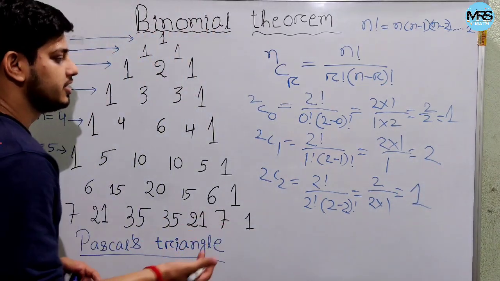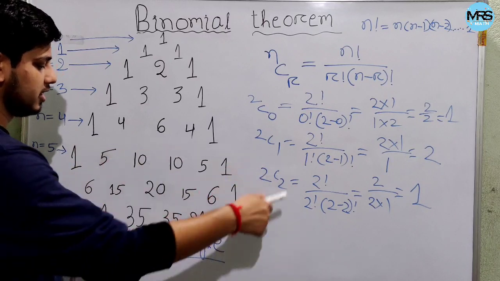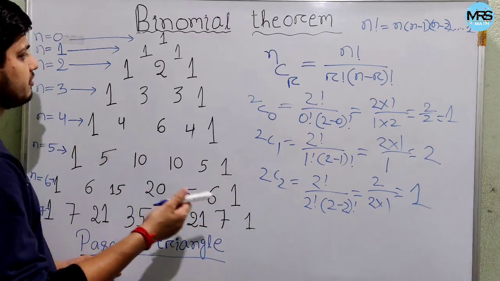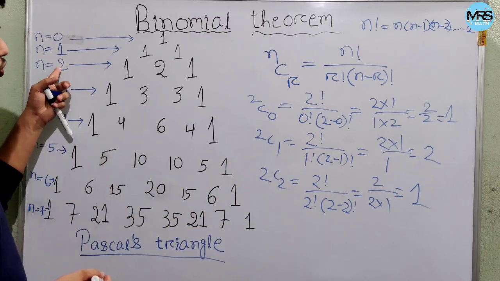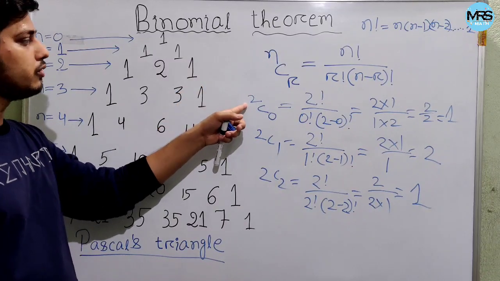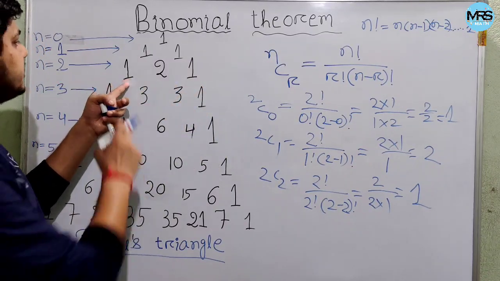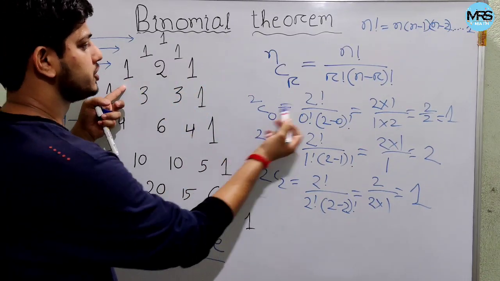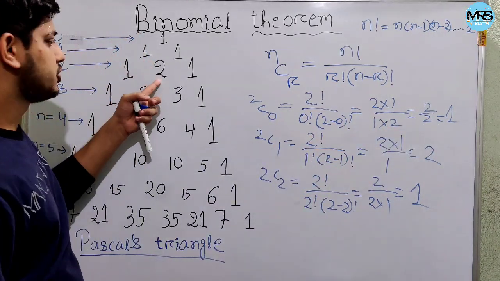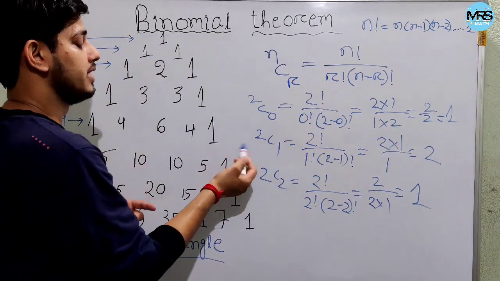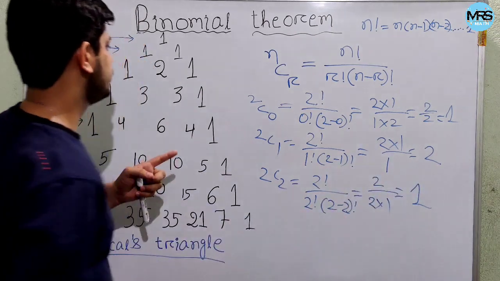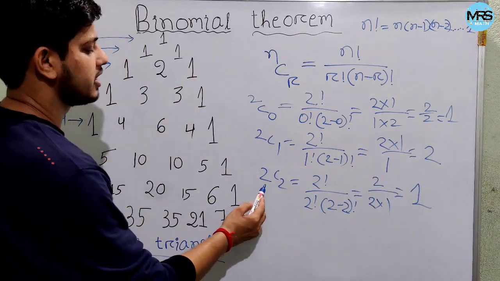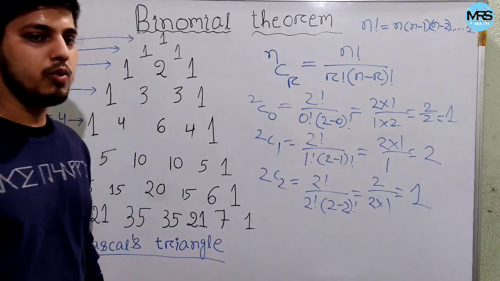Now you can see how this is related to the triangle. When n equal to 2, this 1 we get from 2C0, this 2 we get from 2C1, and this 1 we get from 2C2.